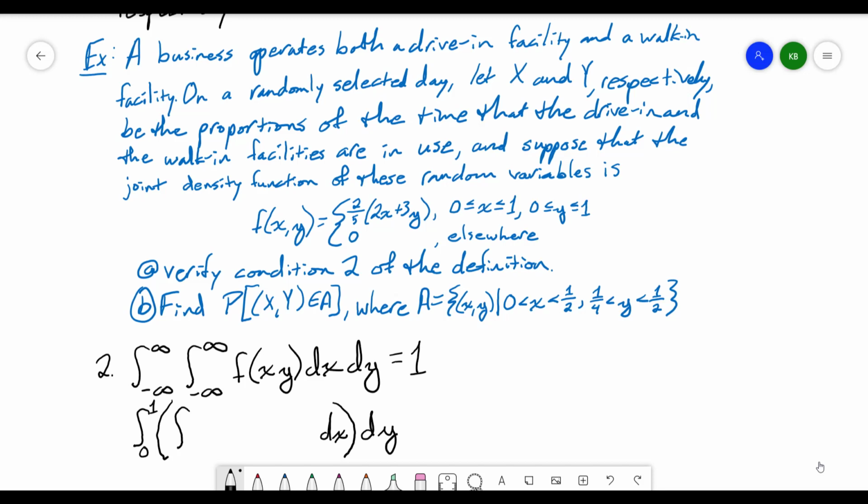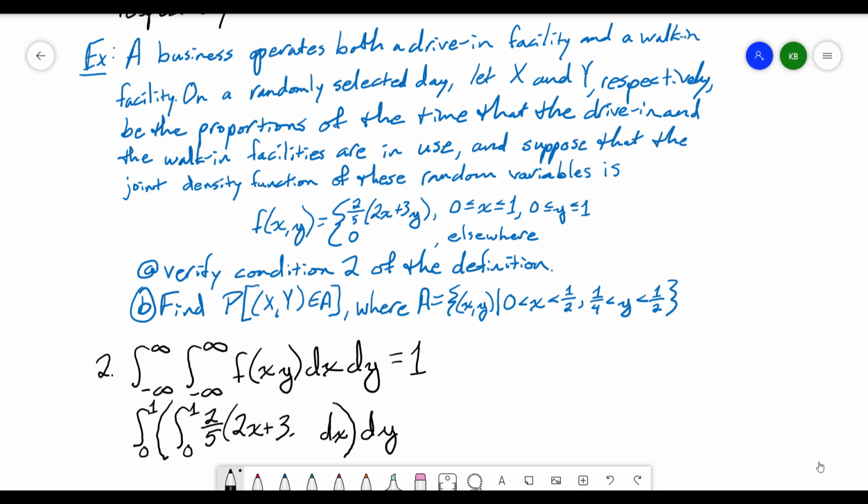And my inner integral is going to go with x values, and my x window is also from 0 to 1. Now this is the only time when my function is not 0, so the integral is not 0.